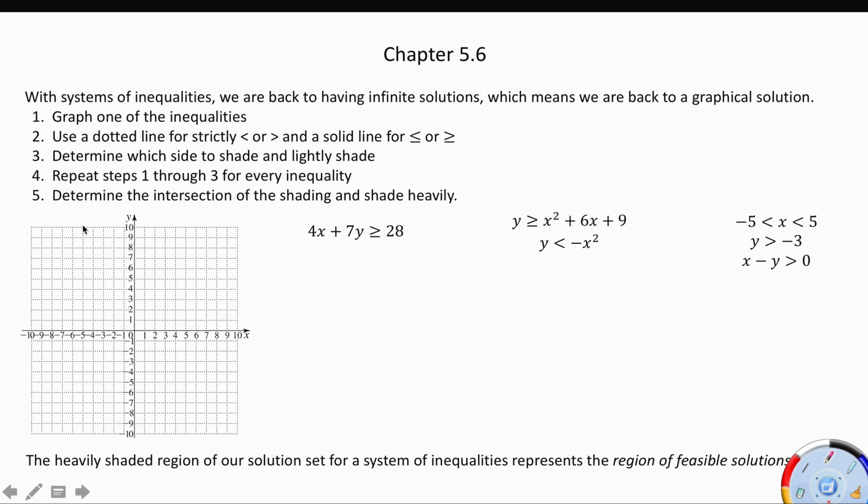When x equals negative 5, that's the vertical line x equals negative 5, and here's the vertical line x equals 5. Okay, and I'm going to shade in between, right? Everything in between these two dotted lines is what I'm going to keep up with for my solution set.